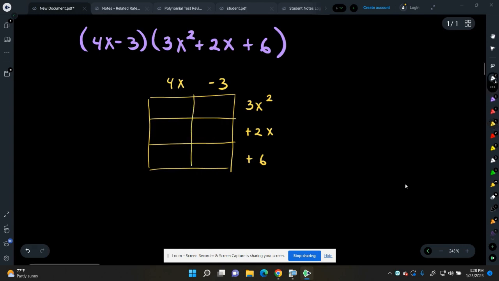Okay, so 4x times 3x squared gives me 12x to the third. 4x times 2x gives me 8x squared. 4x times 6 gives me 24x.